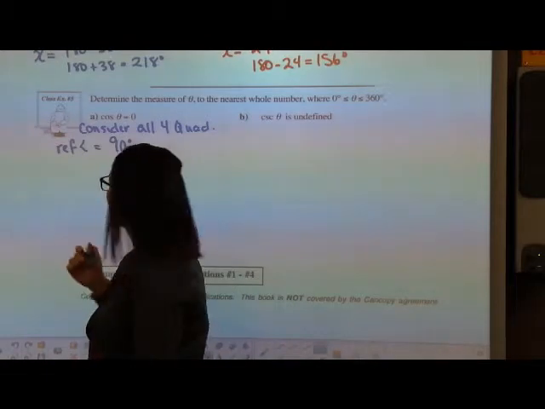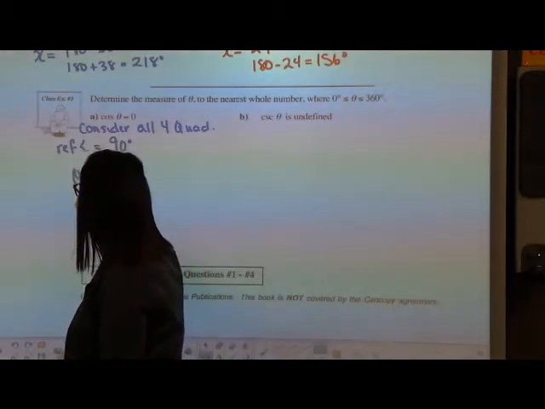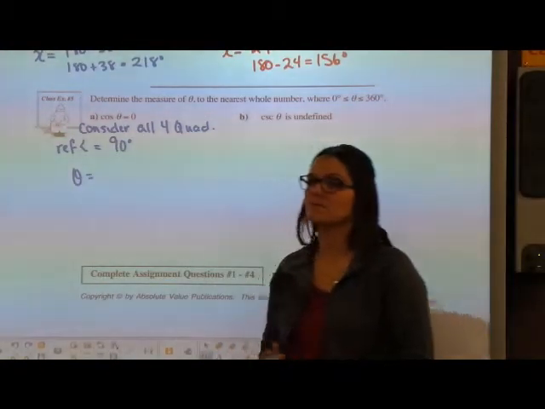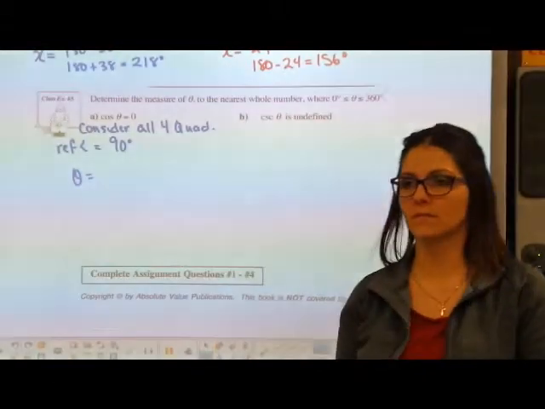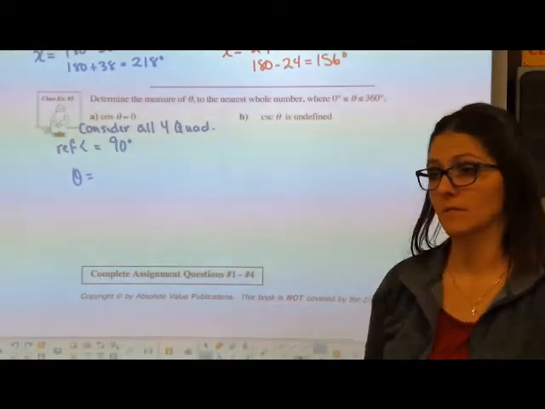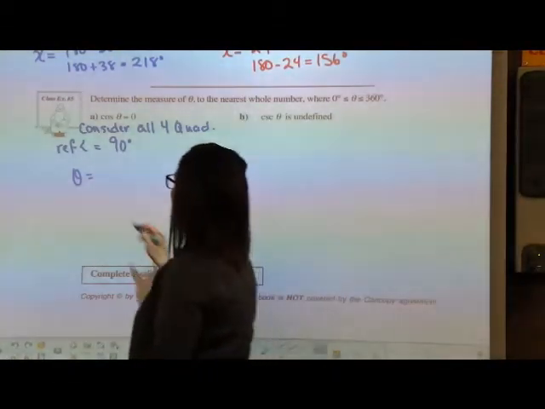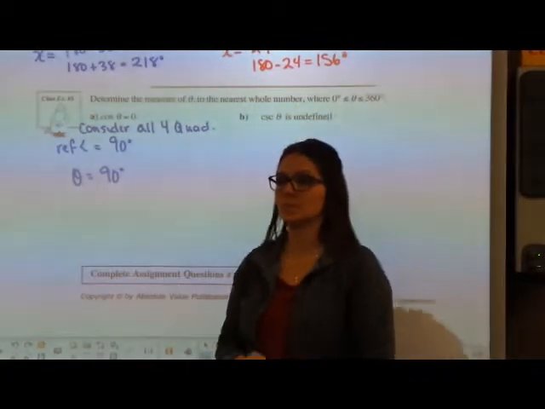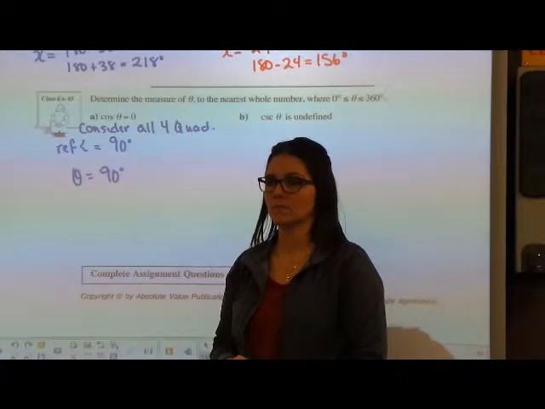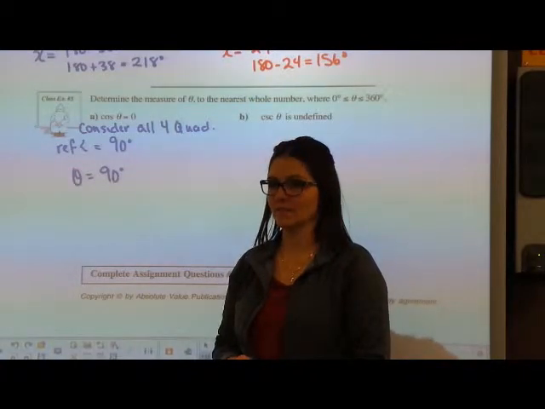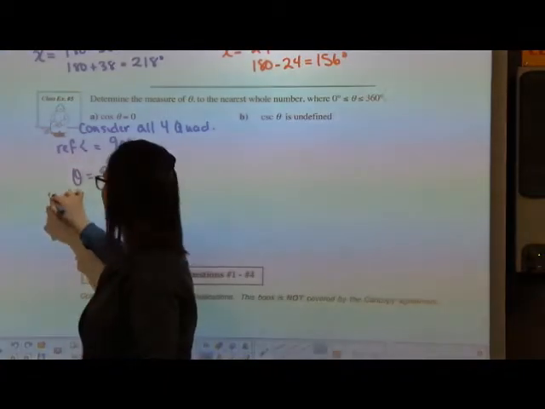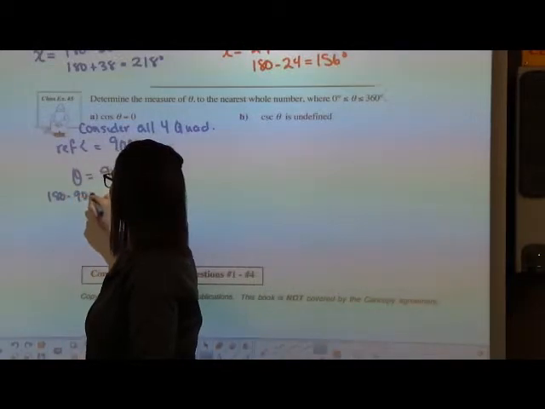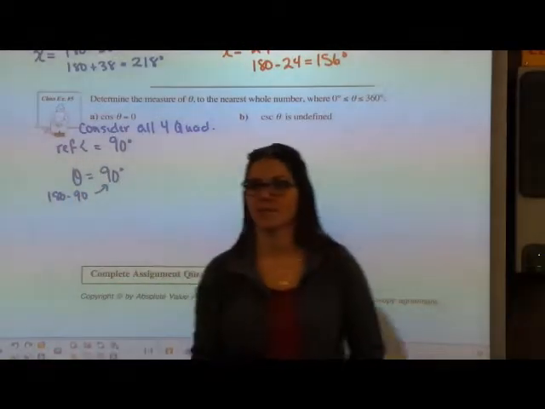So if I think about that, in quadrant 1, what would theta equal? 90 degrees. It's the same as the reference angle. What is theta in quadrant 2? 90. And how do you get the 90? 180 minus 90. So it ends up being the same thing.